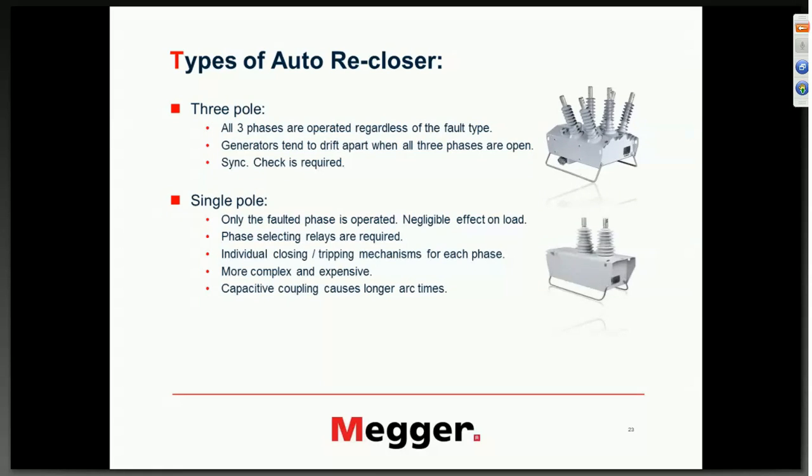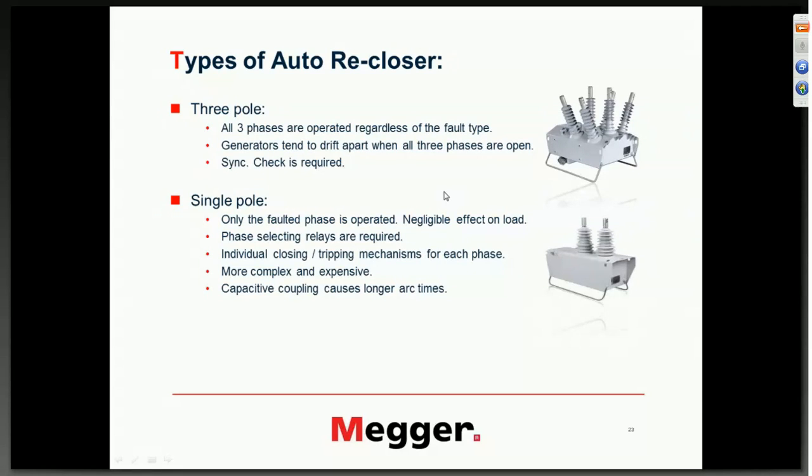So after the protection function opens the circuit breaker or auto reclosure on all three poles, before it can reclose by itself, you need to make sure that it is synchronized before you close the auto reclose.